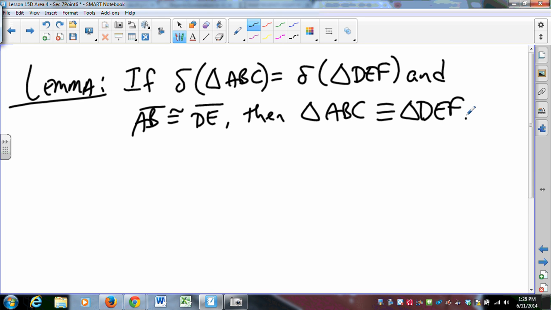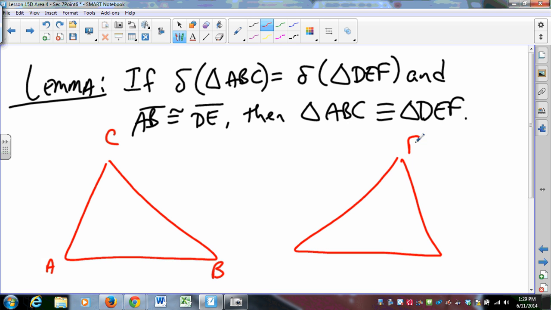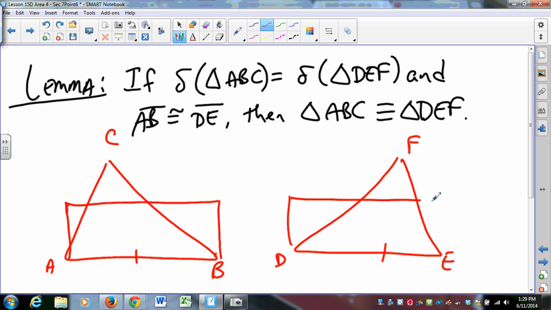And the way this goes is actually very, very straightforward. We have triangle ABC and some other triangle DEF. So what we do is we build the Saccheri quads associated with each of those triangles.